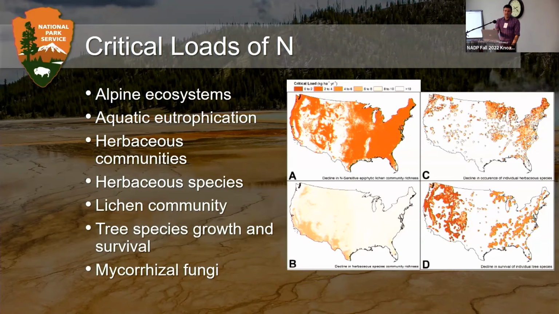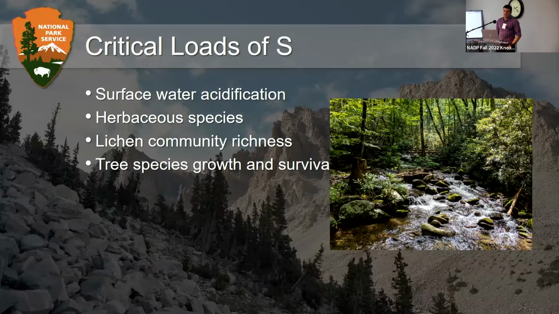Here we're taking the 7 main critical load types: alpines, aquatics, herbaceous communities, herbaceous species, lichen communities, tree species growth and survival, and mycorrhizal fungi for nitrogen, and then critical loads of sulfur for surface water acidification, herbaceous species, lichen communities, and tree species growth and survival. And we're applying those systematically across the US to federal lands.